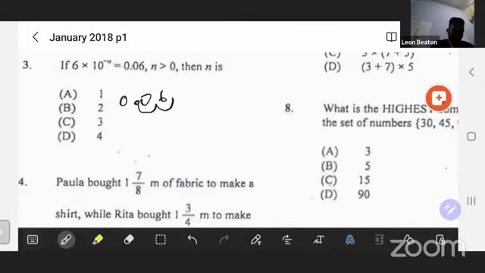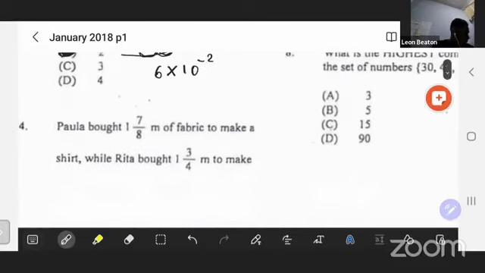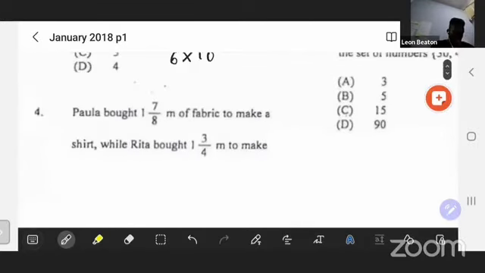And we know to turn this 6 into this here, we have to multiply it by 10 raised to the negative 2 power. So n will be equal to negative 2. So 6 times 10 raised to the negative 2 power will give you this here. All right, and that is B. So that is number 3.